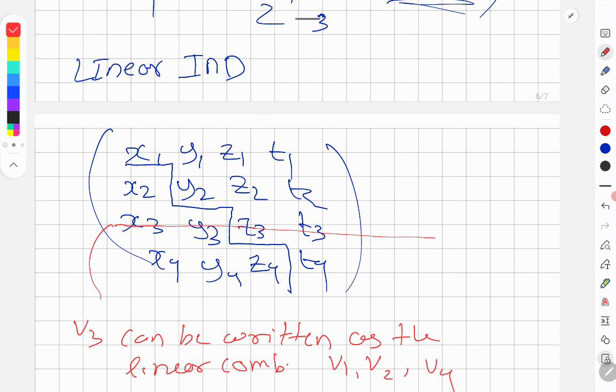So the whole system is not linear independent.